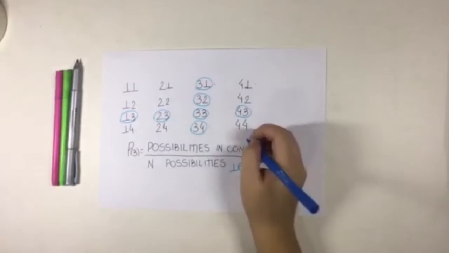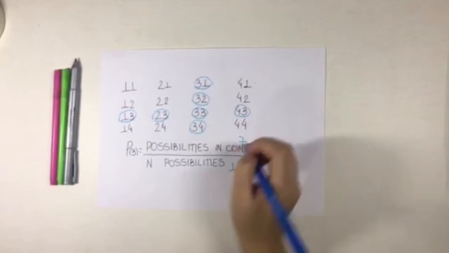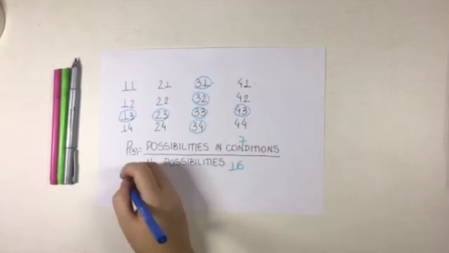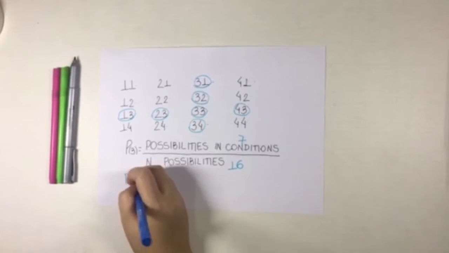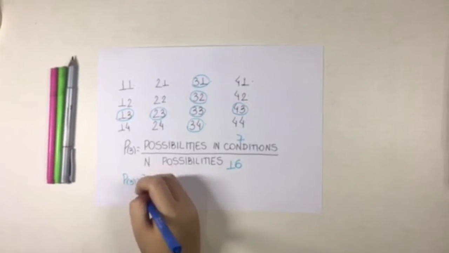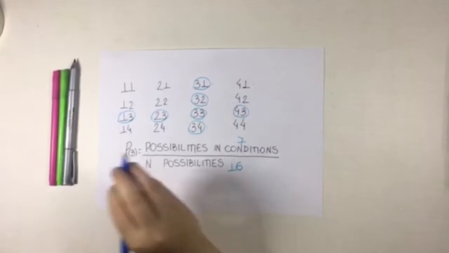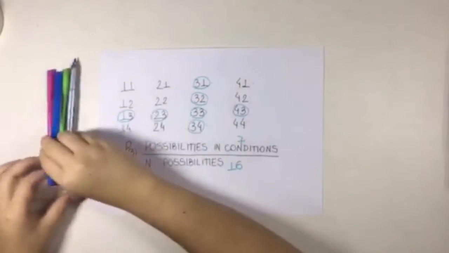And although one of them has two 3s, it only counts as one desired outcome. Then, our probability of obtaining a 3 in 2 rolls of a 4-sided dice is 7 over 16.